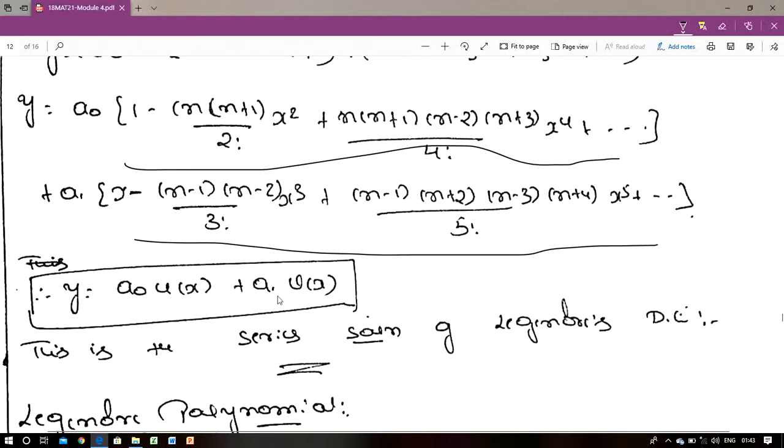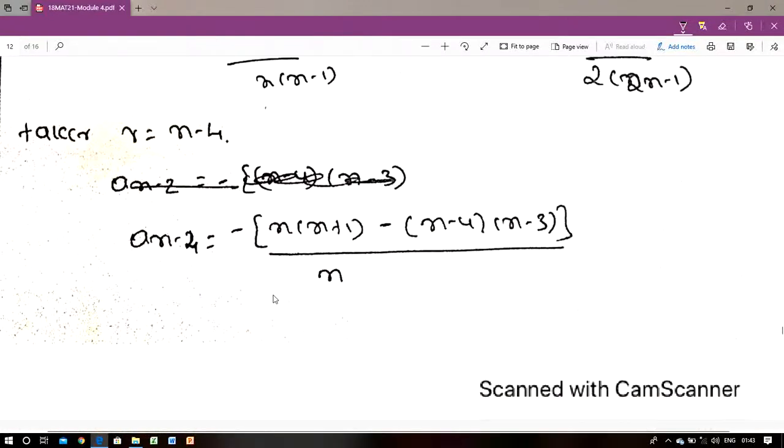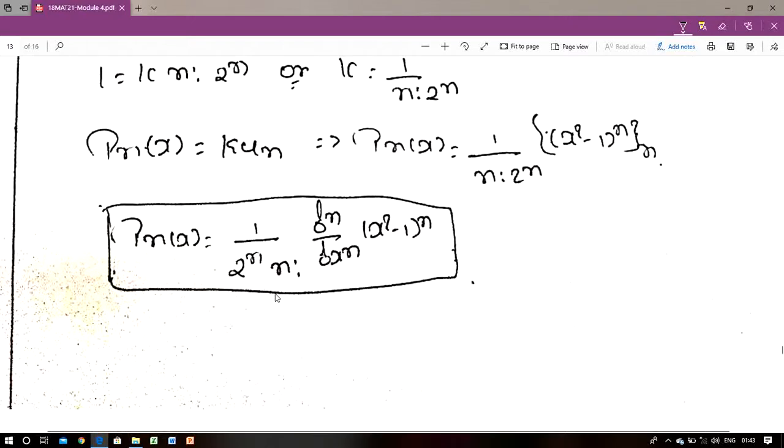Next we come to the Legendre polynomial, where we use the Rodrigues formula. The derivation is not important from an exam point of view; it just explains the Rodrigues formula. The Rodrigues formula means Pn of x is equal to 1 by 2 to the power of n into n factorial, into d to the power of n by dx to the power of n of (x square minus 1) whole to the power of n.